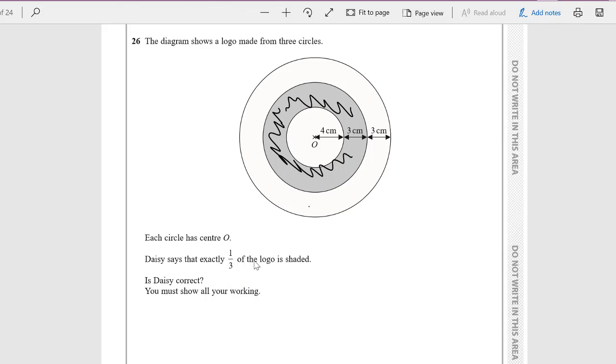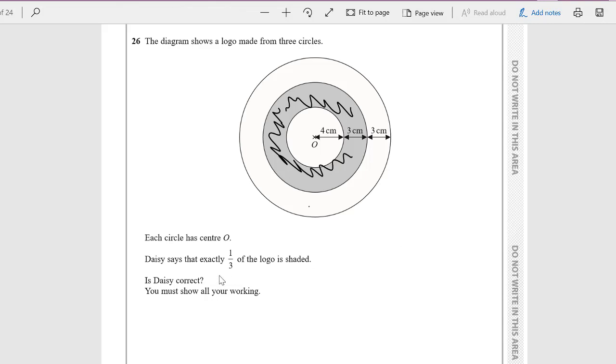Right, so at first instance, we can perhaps say that maybe Daisy thought that since there are 3 circles and this part was shaded, it's 1 out of 3. But let's see if she's correct on this. So to start off, the first thing we need to think about is how we're going to prove whether Daisy is correct or not.